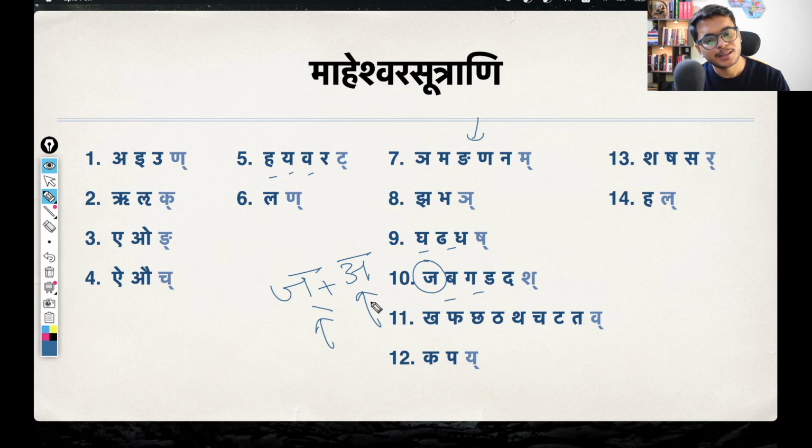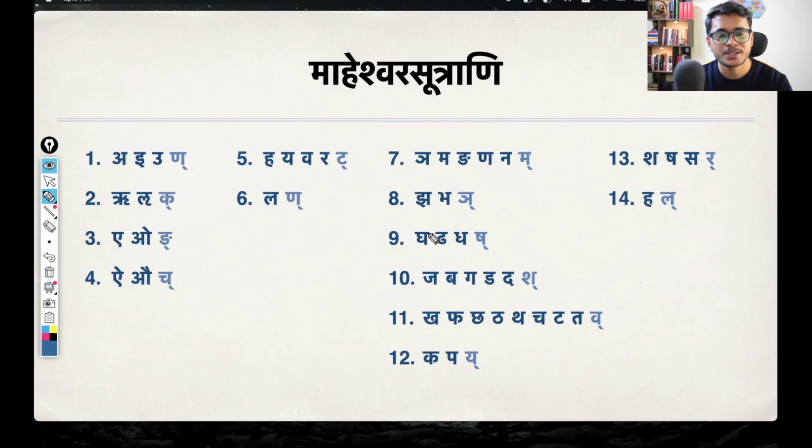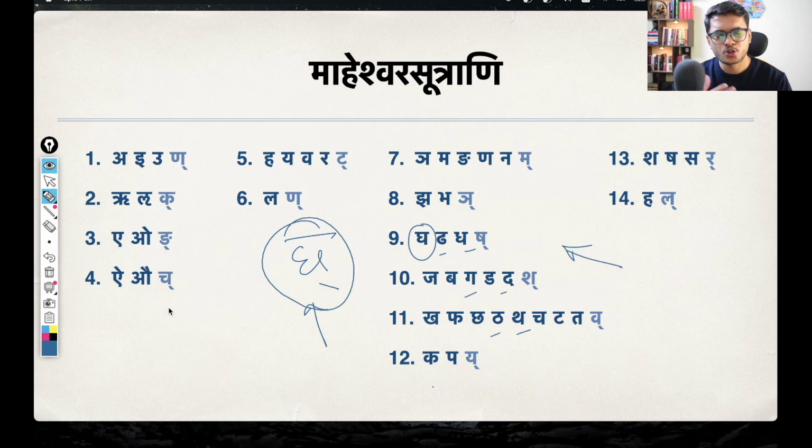But please understand that this A is only added with these consonants for pronunciation purpose, because we have to add some vowel to be able to pronounce these consonants. So all the consonants that you see in Maheshwar Sutras, this Gha, are basically talking about the consonant only, the consonant with the halanta. The A is only added here for the pronunciation purpose. Okay, so just be sure of these points.